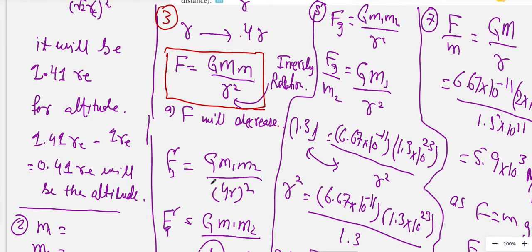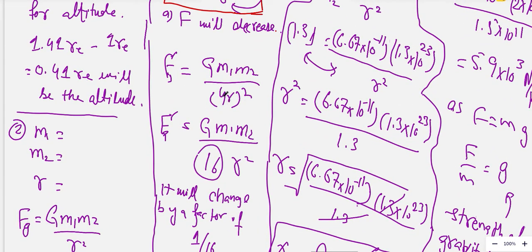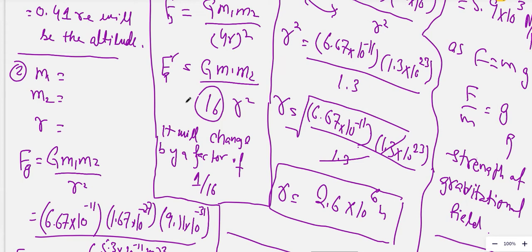When we put 4r square, we can separate 4 from the r by taking its square, so it will be 16. The rest of the equation, G m1 m2 over r square, is the same, only the factor 1 by 16 is extra. So we conclude that the force will change by a factor of 1 by 16, and this will be the answer of the second part.